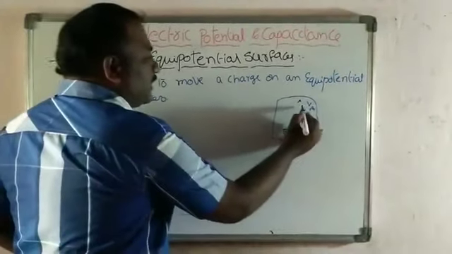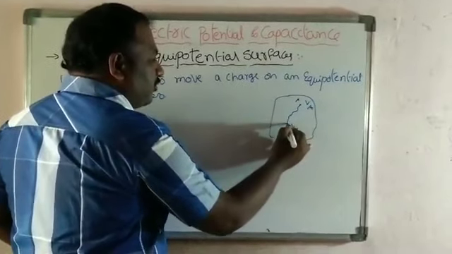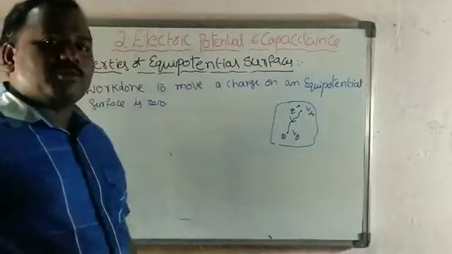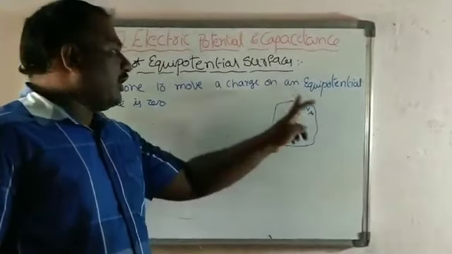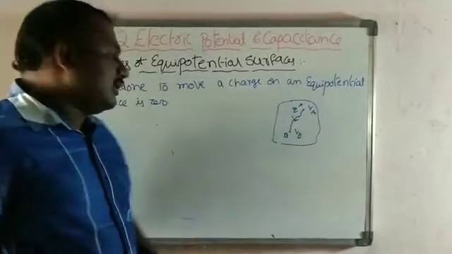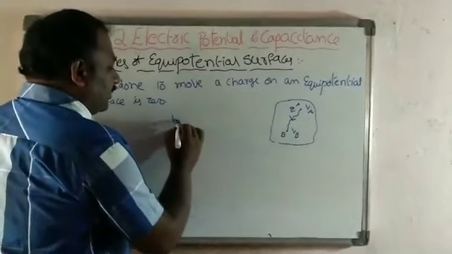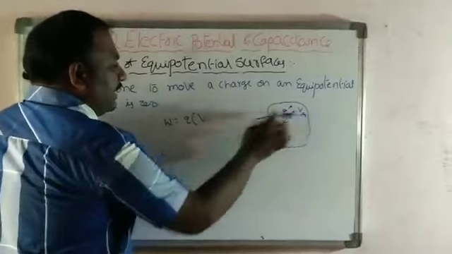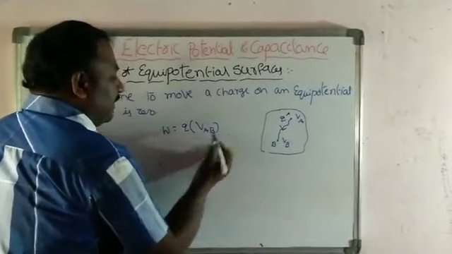If I want to move a charge Q from point A to point B, then you know what the work done formula is? Work done is equal to Q into the potential difference between A and B, that is VAB.